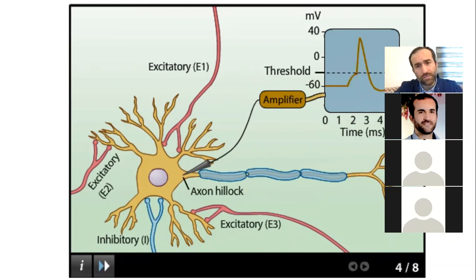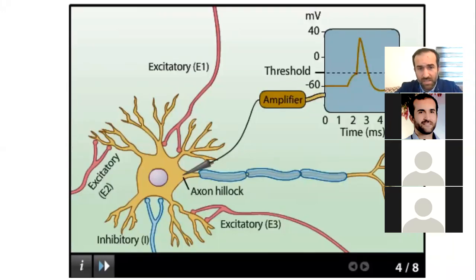If you want to name this process, what can you name it? It is a summation. This is a summation of the two EPSPs.